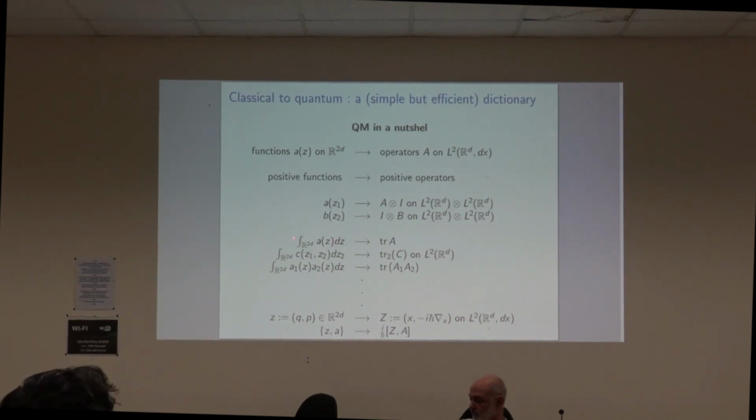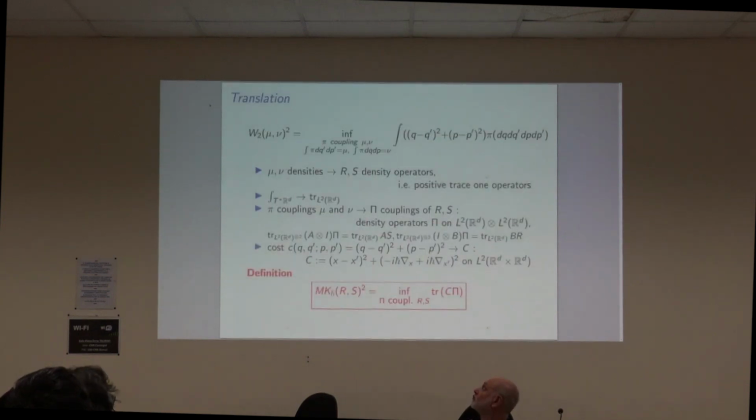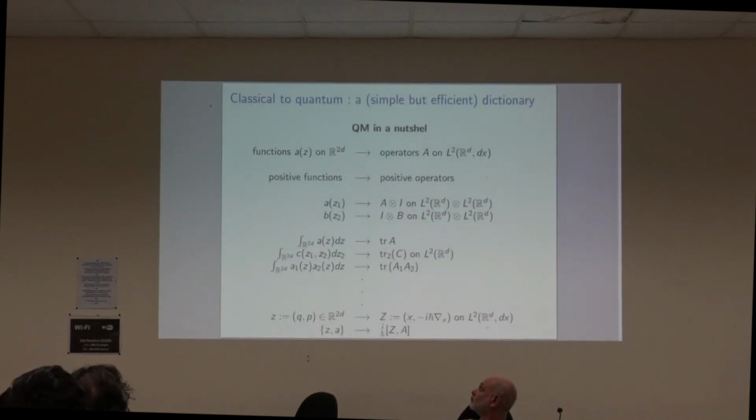And the main part is the integral of A(z) dz, which very often matters, because most of the time one considers invariance or conservation properties. Then integration of a function corresponds to taking the trace of the operator.